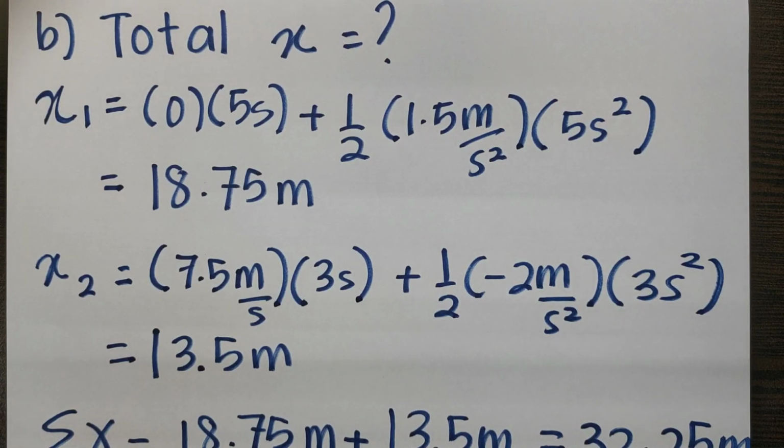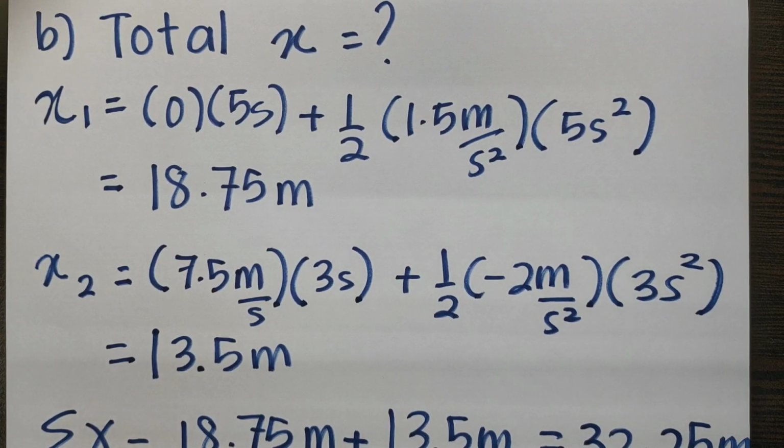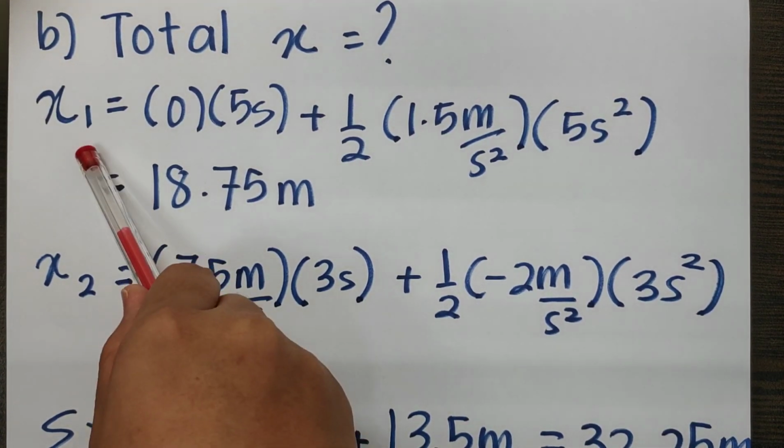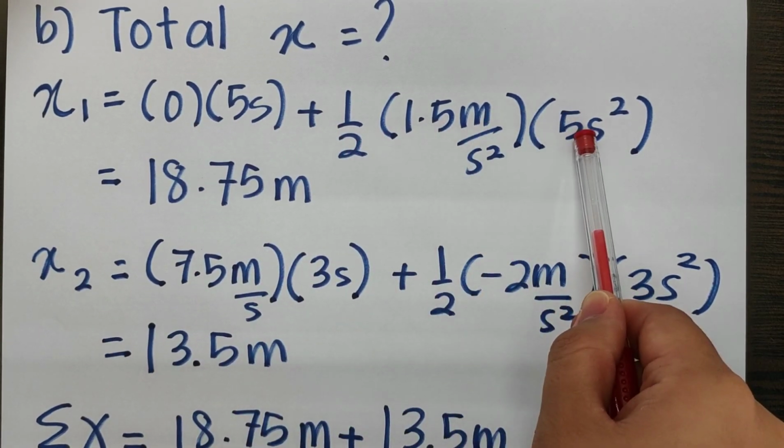Question B is asking, how far has the truck gone? Which means that we need to calculate X in part 1 and X in part 2. For this problem, let's choose equation number 3. For part 1, X1 equals V naught T plus half A T squared.